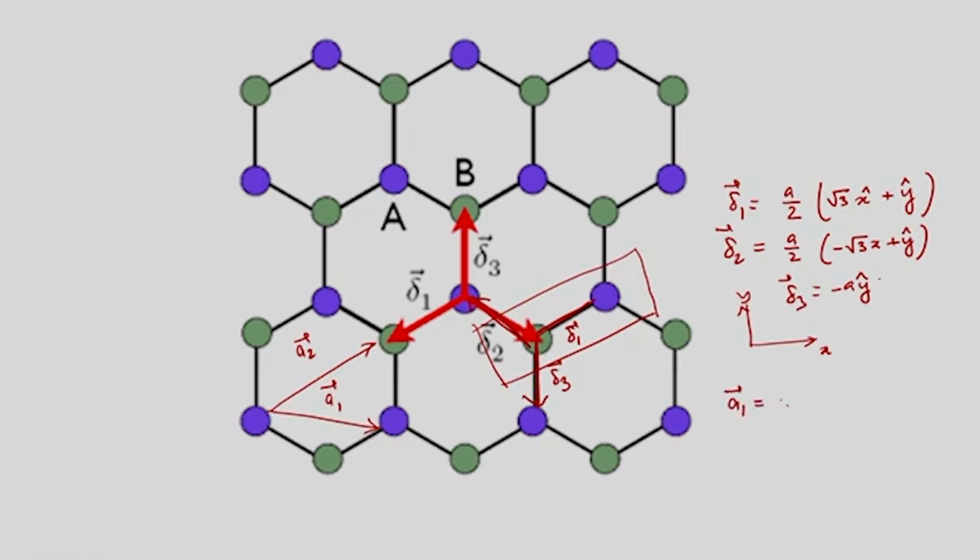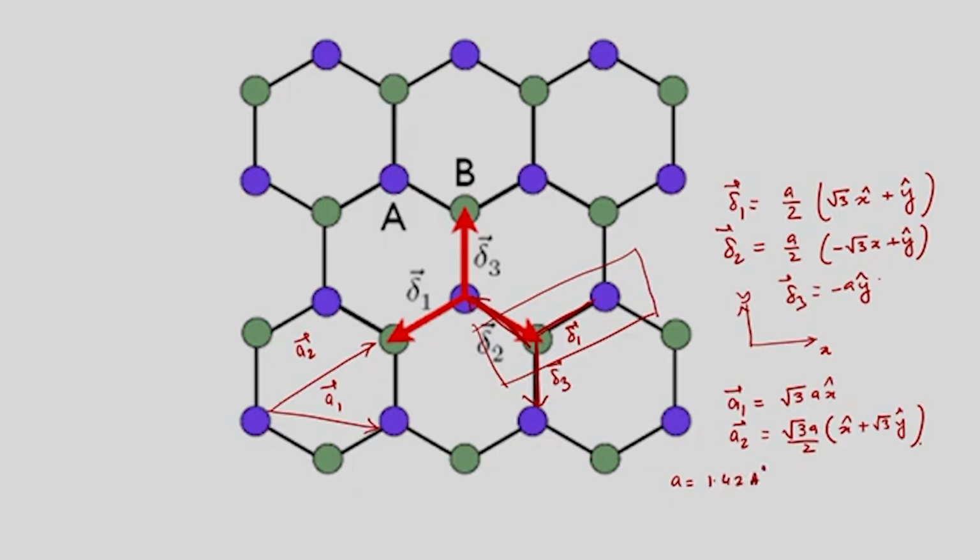These are called basis vectors: a1 equals root 3 a x cap, and a2 equals root 3 a by 2 x cap plus root 3 a by 2 y cap. So, these are the basis vectors by which you can generate this, and a is of course what has been given, 1.42 angstrom and so on.